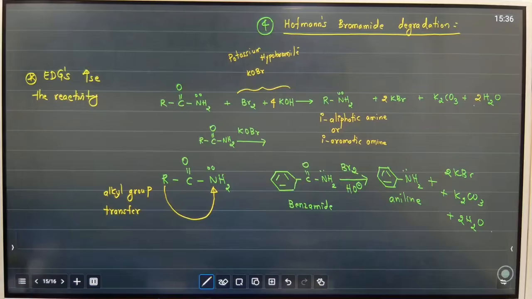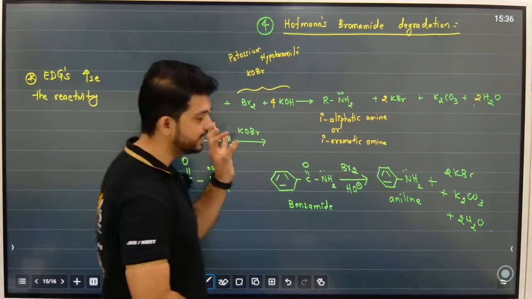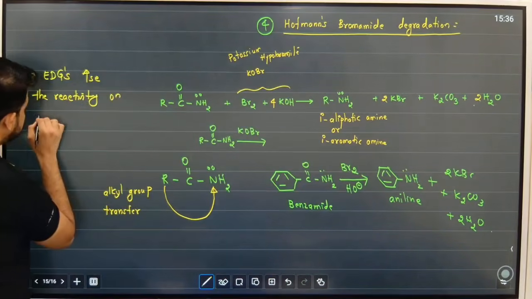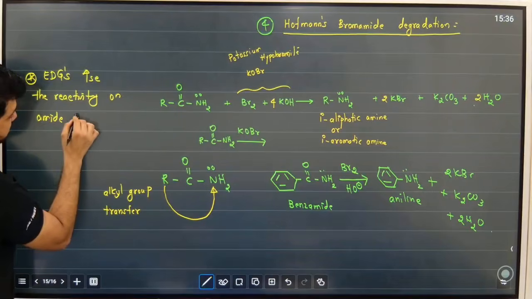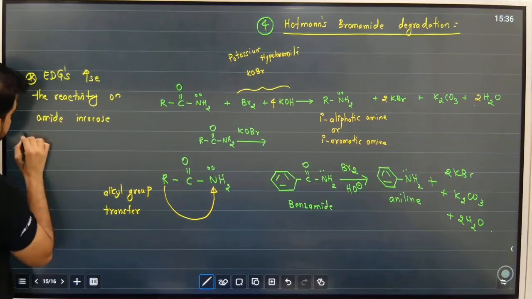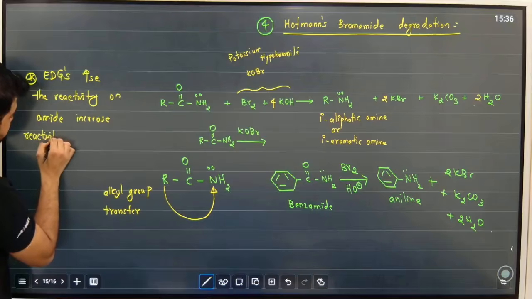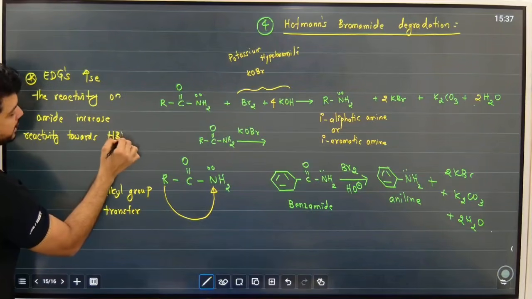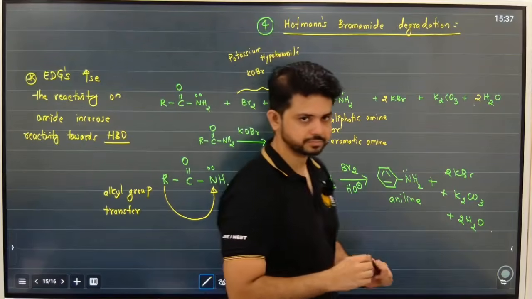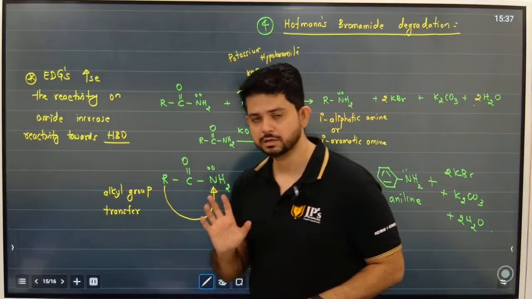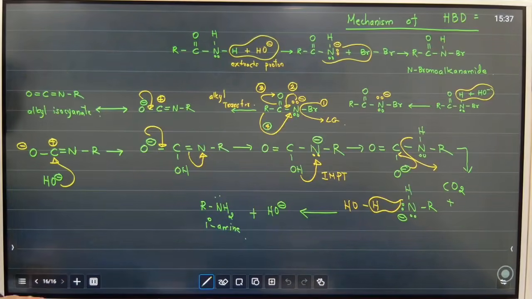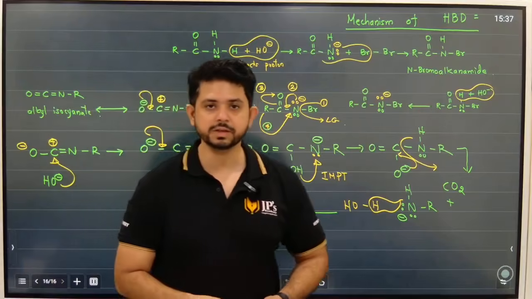In Hofmann's bromamide degradation reaction, the presence of electron donating groups on amides increases reactivity towards Hofmann's bromamide degradation. This is a very important point, students, that you should remember. This was the mechanism. If there were any doubts or questions in the mechanism, please leave your comments.